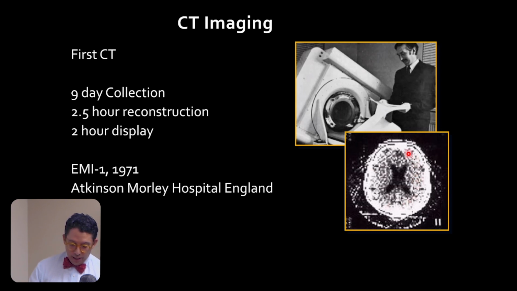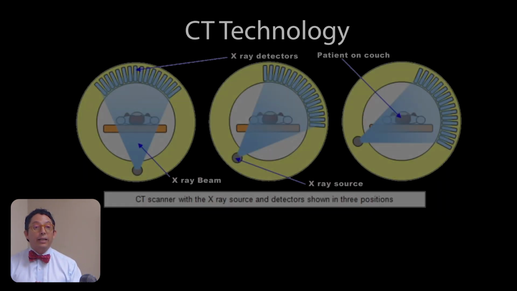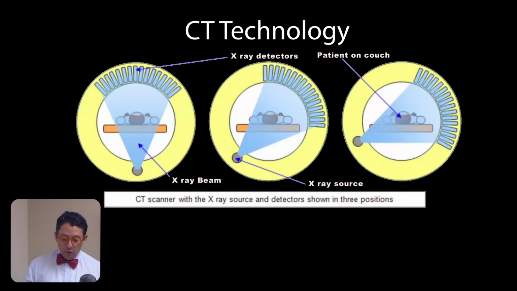And then you also have some space on the sides, which is the brain parenchyma. And there's a wider rim, and that wider rim is the skull. That was the first time you could see that. And it was absolutely amazing. But look at how long it took.